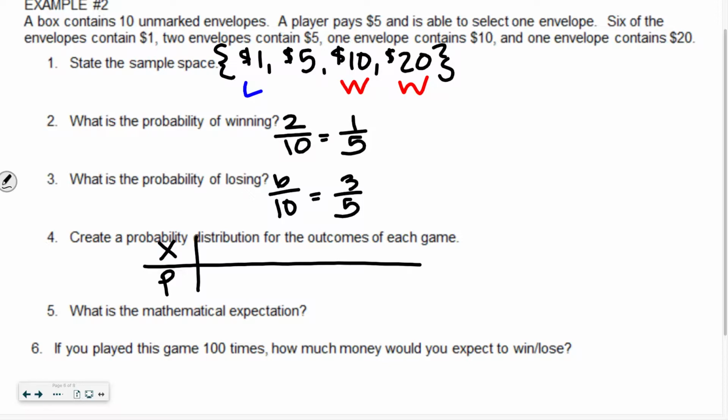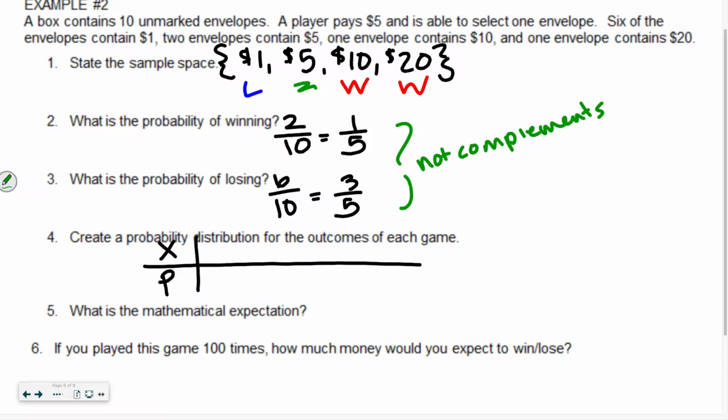So notice that these two probabilities, 1/5 and 3/5, are not complements of each other, correct? That's okay, because we have one envelope that is considered not winning and not losing. That's our $5 envelope.